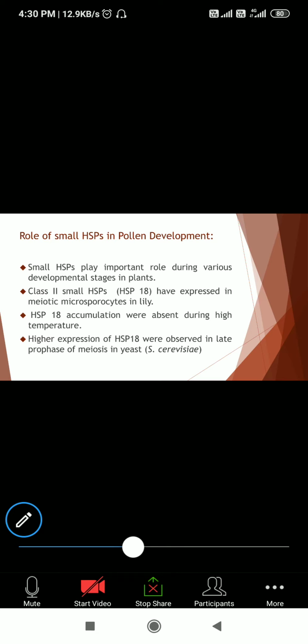HSP18 has been seen at the time of late prophase of meiosis. Even we have seen this HSP18 in other plants as well, and it is also seen in Drosophila. In short, we can say HSP18s are involved in different plants, yeast and Drosophila, having a role in the mitotic cells, either in anthers or in the pollens.